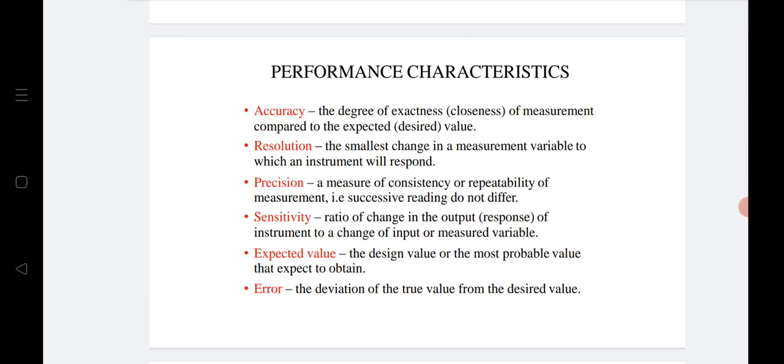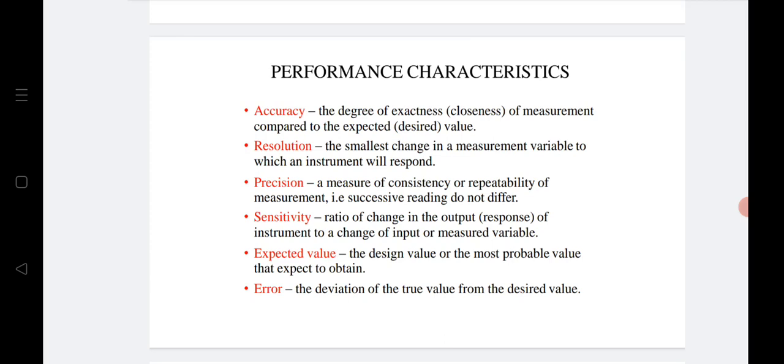The next definition is expected value. Expected value is nothing but the design value or the most probable value that you expect to obtain. What we are expecting, whether you have got the desired value or not, that is known as the expected value. What do you mean by an error?